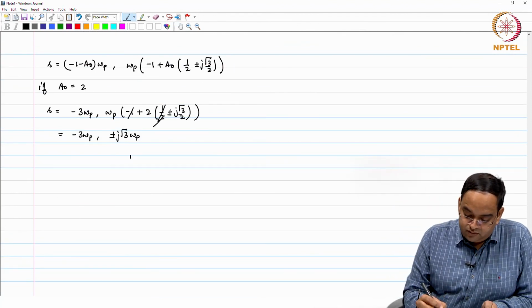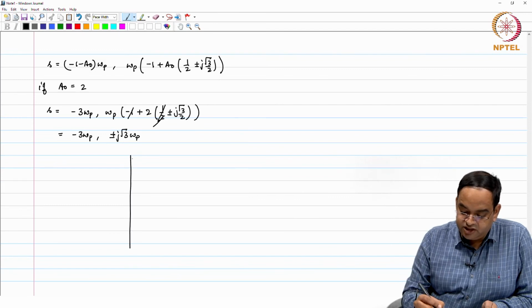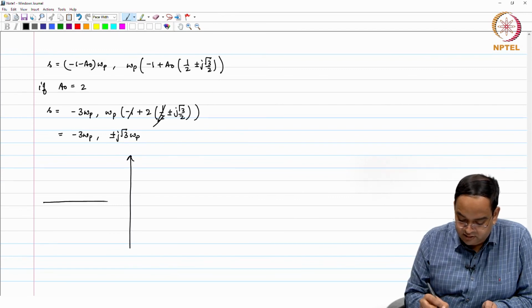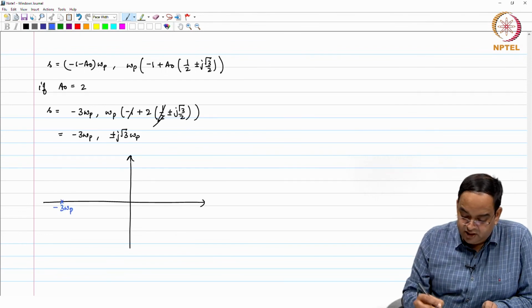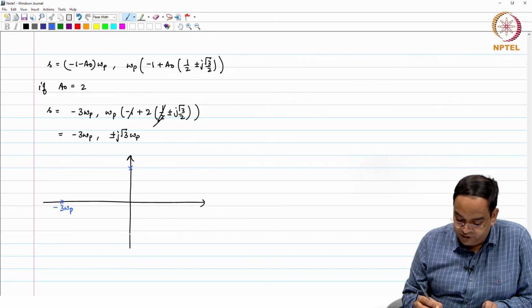So, if you look at it, the location of the poles are like you have one at minus 3 omega p and the other two poles are on the j omega axis.